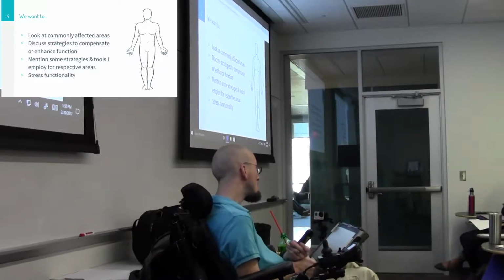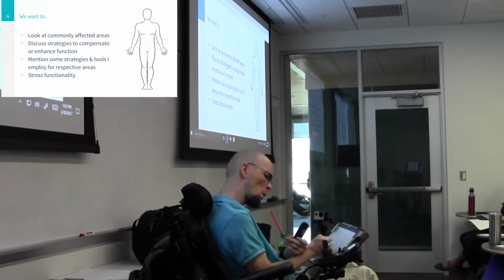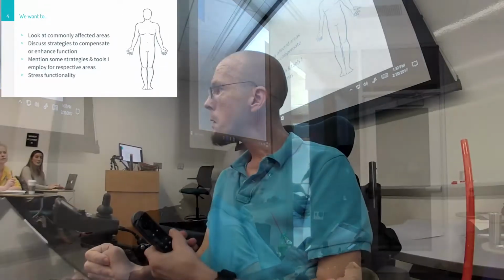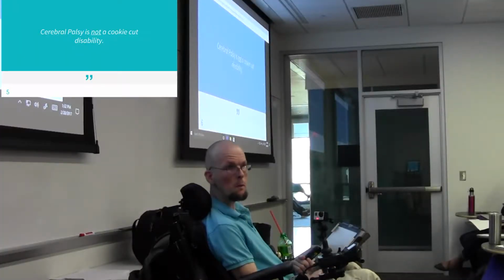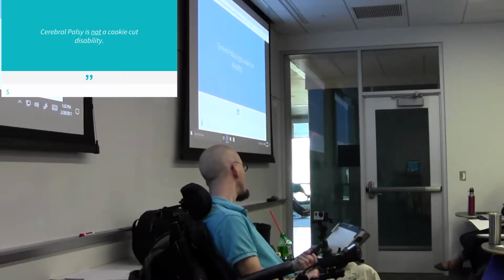We definitely cannot restrain it. And I'll talk about that in a few minutes. We have to work with it, figure it out, in order to use it to the person's advantage, to accomplish functionality. It doesn't matter how many times you see cerebral palsy, it's always going to manifest itself differently. Did I say always? Just in case I didn't, always.